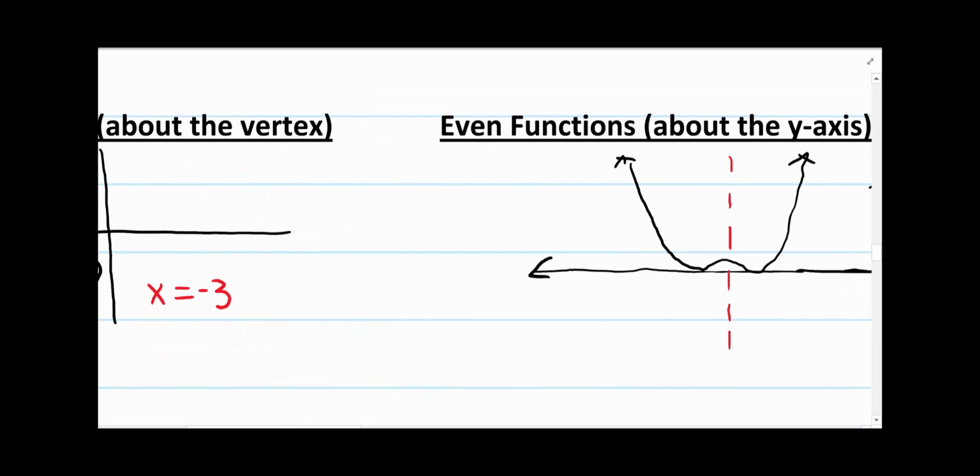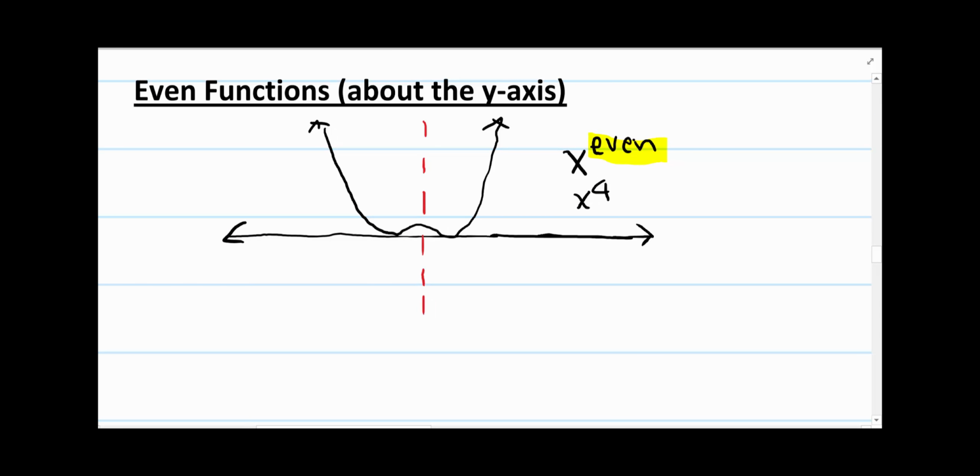All right. Now we're going to talk about even functions. And notice, like a parabola, where the axis of symmetry hits, there's that invisible dashed line, and you've got two symmetrical pieces. These are called even functions. And it doesn't have to just be a parabola.